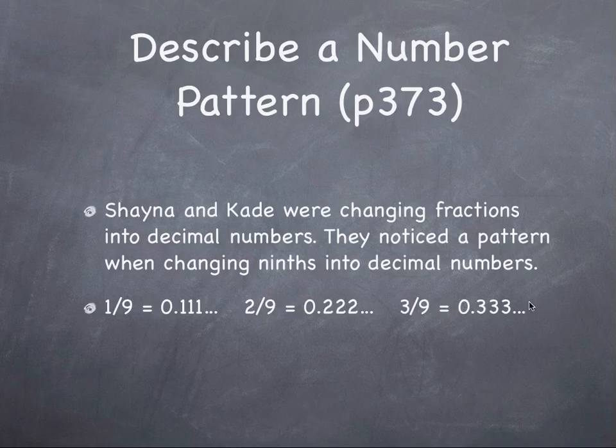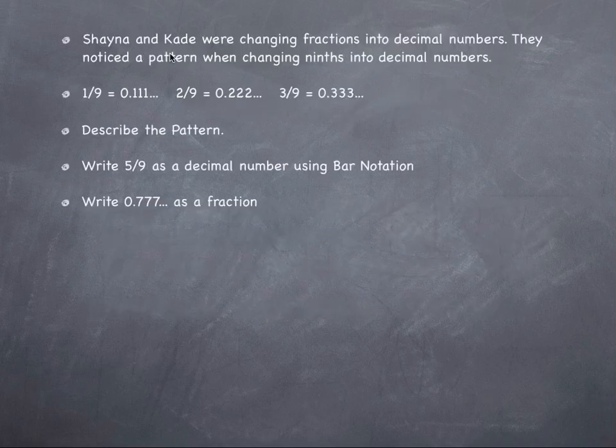So take a second, think about it. What pattern do you notice? All right, so let's see. Hopefully, if you look closely at the pattern, 1/9 and 0.111, 2/9 0.222, 3/9 0.333, what's the pattern?